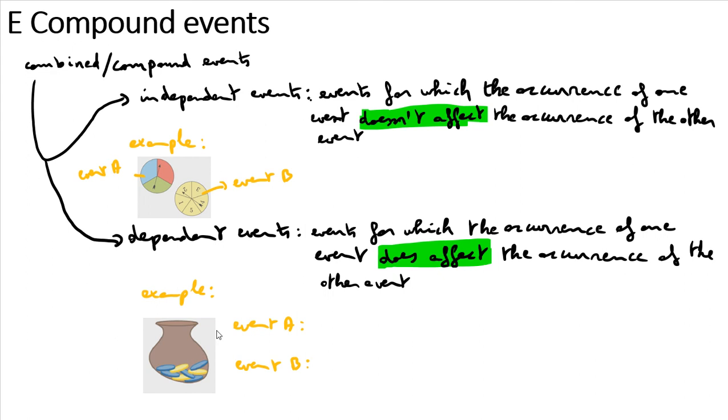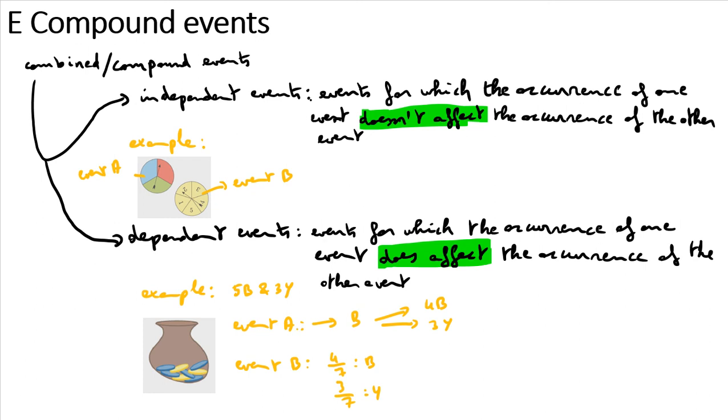Because, for example, let's say we have 5 blue and 3 yellow discs. Let's say that I select in event A, for example, 1 blue disc. In that case, 4 blue and 3 yellow discs are left. And in event B, the probability to select the blue disc will become 4 out of 7, and the probability to select the yellow disc will become 3 out of 7.